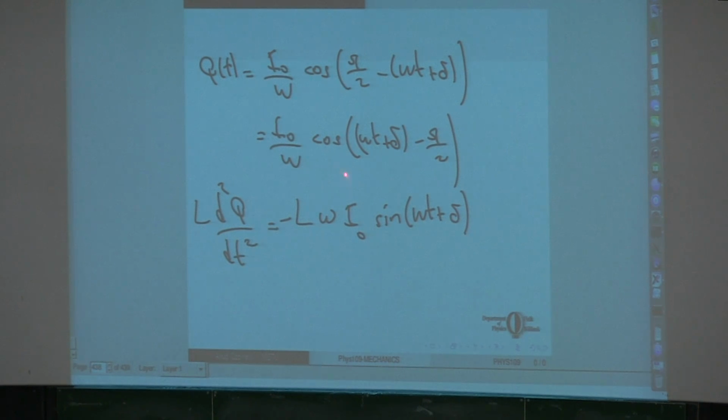I will do a similar trick. I will try to write this as the cosine of some angle. This is equal to L omega I0 cosine of omega t plus delta plus pi over 2. I just again use the properties of the trigonometric functions. I know that cosine of theta plus pi over 2 is equal to minus sine of theta.